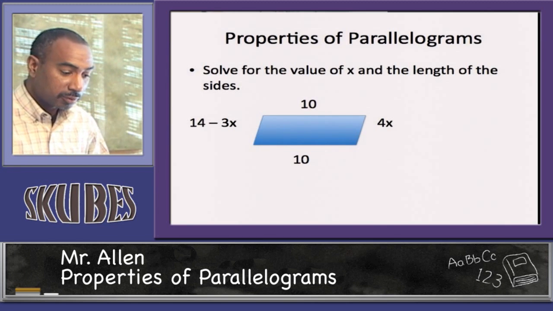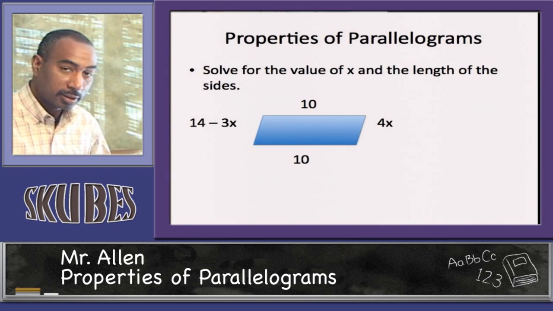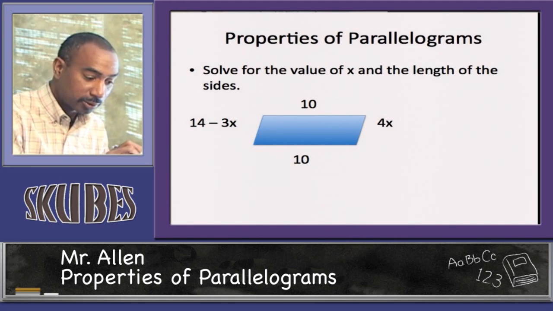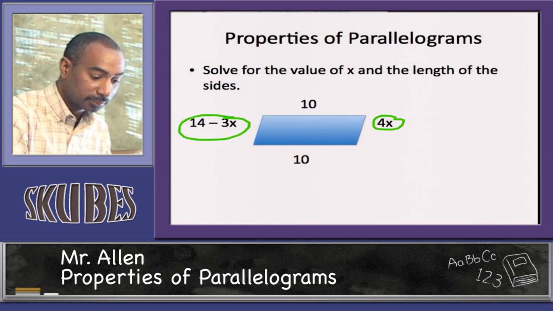All right, solve for the value of x and the length of the sides. Here we have a parallelogram. We know that opposite sides are congruent. So it allows us to set 4x equal to 14x minus 3. These two expressions are equal to each other.